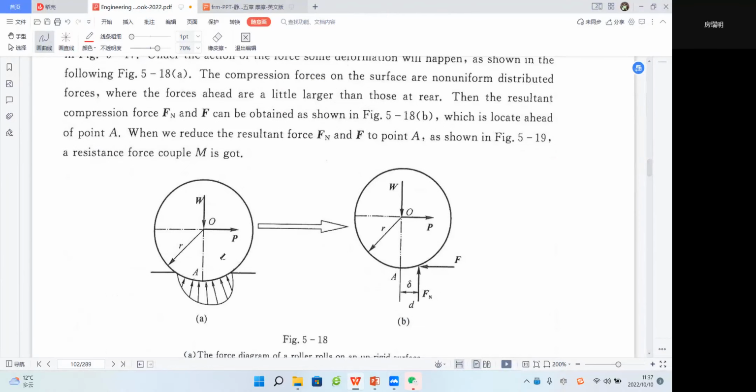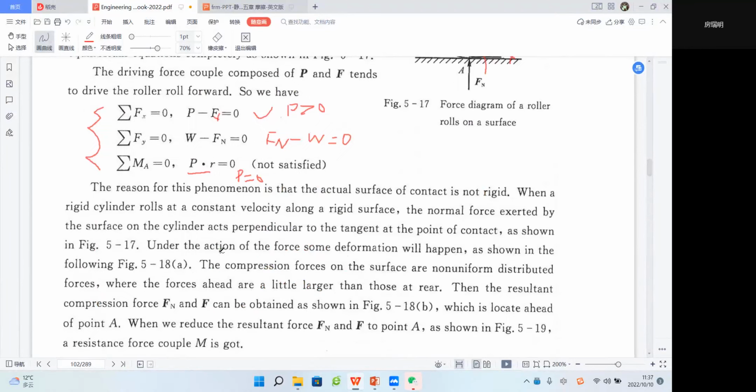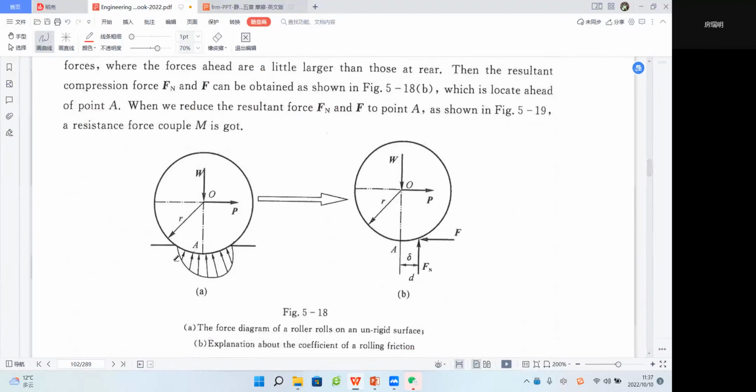The reason is that we don't have a 100% rigid body. If this ground is a little bit soft, it will be pushed a little bit. Although it is very tiny, it will have a little deformation. Then this will constitute a plane generalized force system.